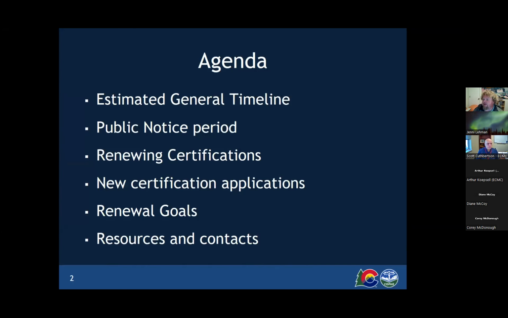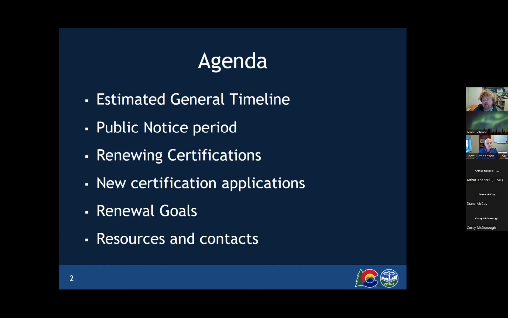What I'm going to go through today is a little bit of an estimated general timeline for where we're at in the renewal process, and where we're going. I'll talk about the public notice period, which is where we're at right now, what you can do to submit comments, and how you can find the draft permit. I really want to discuss renewing certifications.